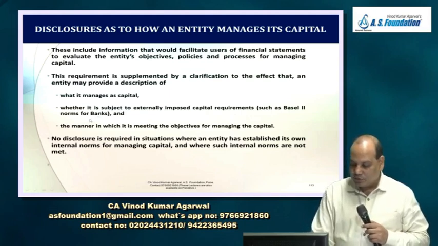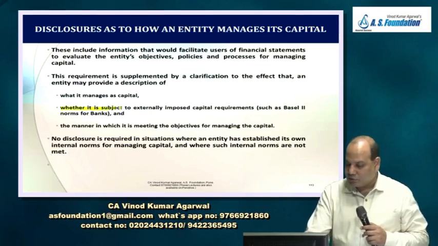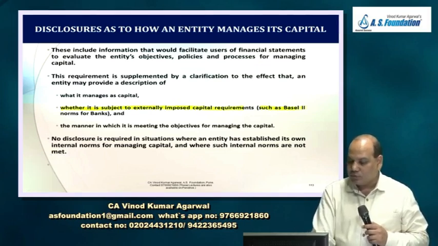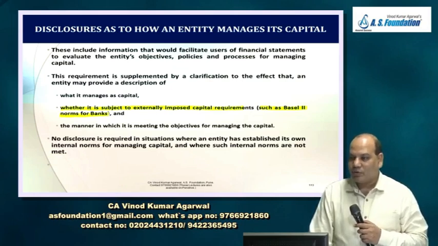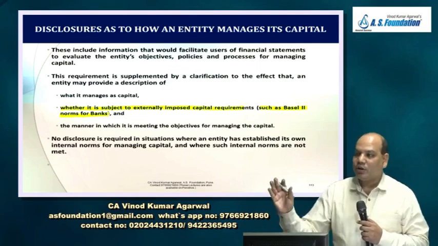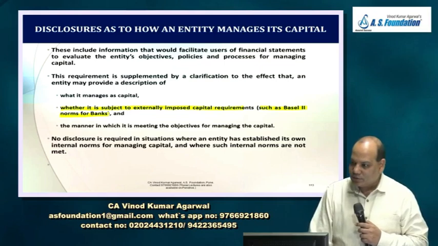For example, as you may be aware or you may not be aware, banks are now required to follow Basel requirement for capital adequacy. That means they must maintain a certain amount of capital compared to their risk-weighted asset.